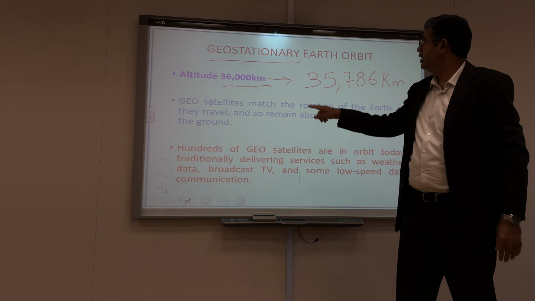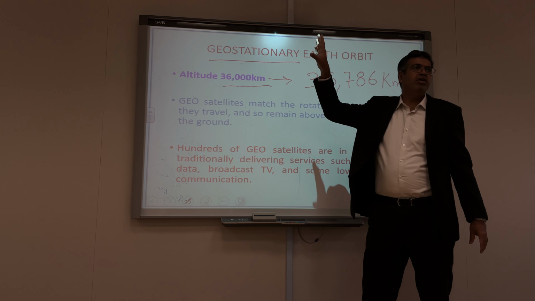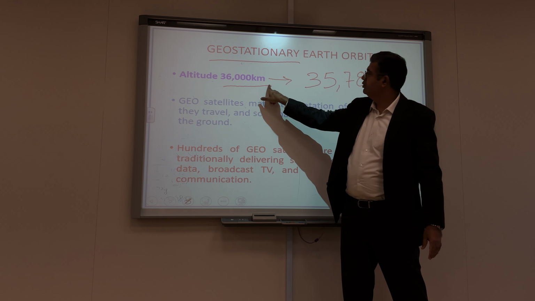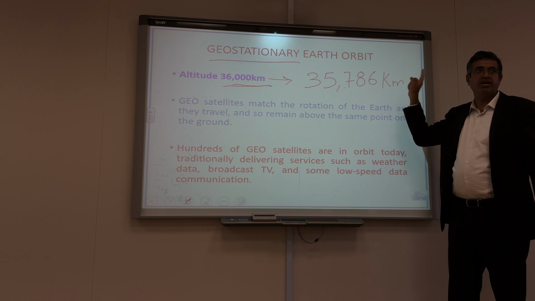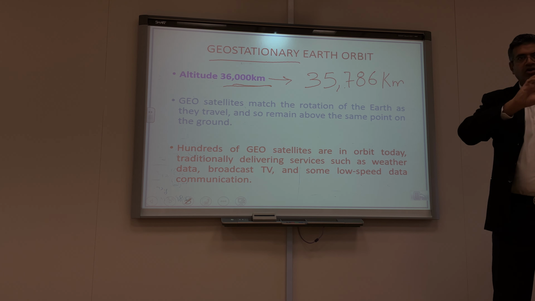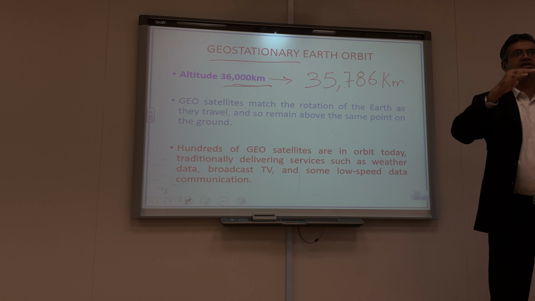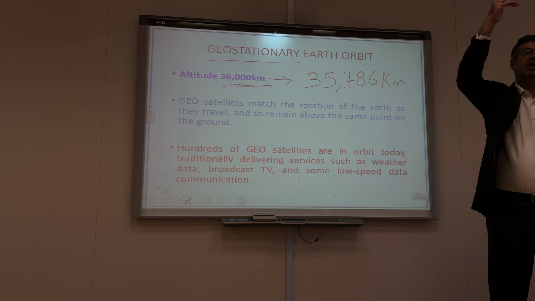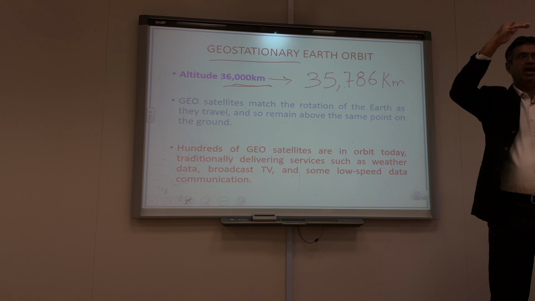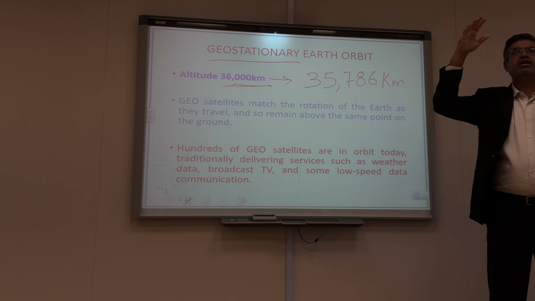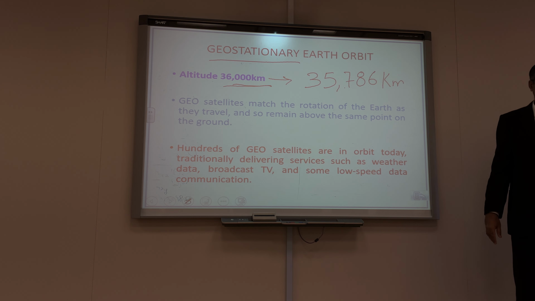So that is why the word geostationary, and that is possible only when you send the satellite at this altitude, 35,786 kilometers, and at that altitude when you match the speed of the satellite with the speed of Earth's rotation, the satellite will appear stationary. If you change the altitude, then you cannot match it. You will not get the same result. The satellite will not be geostationary.